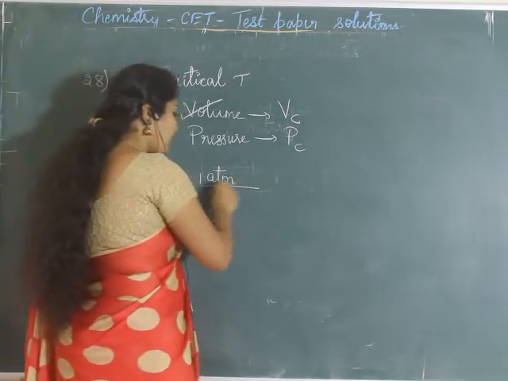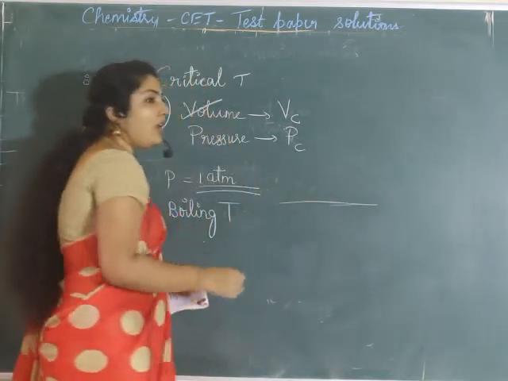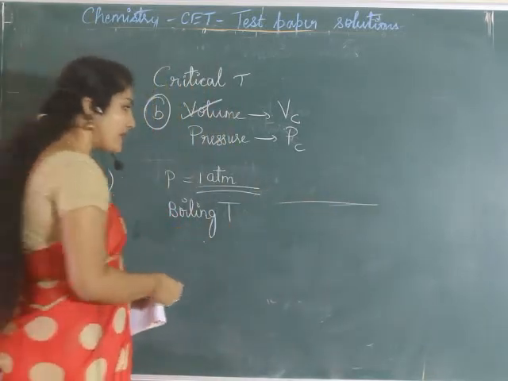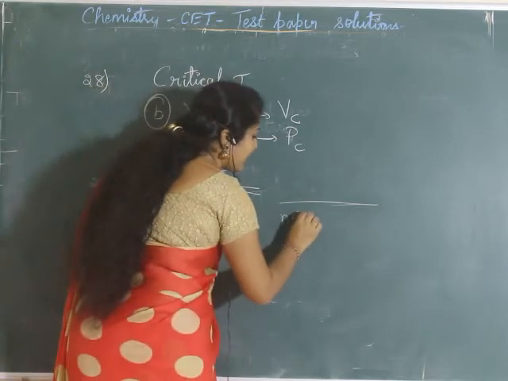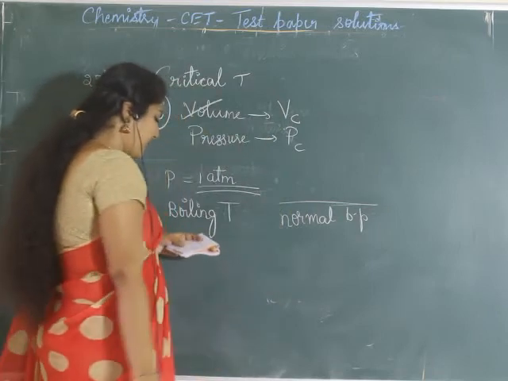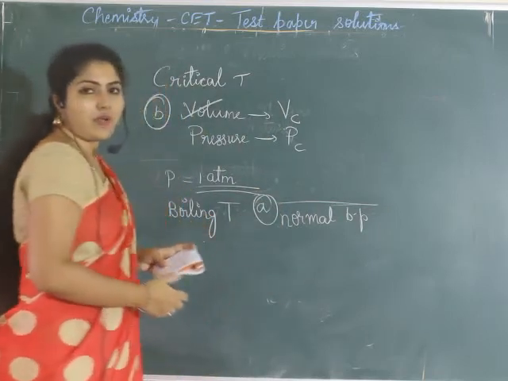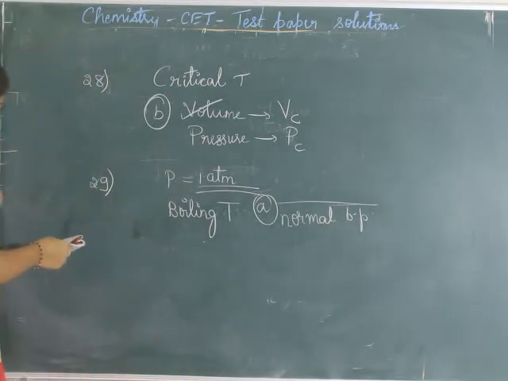When the pressure is 1 atmosphere, the temperature at which a liquid starts boiling is called its normal boiling point. Option A is the right one, which is normal boiling point.